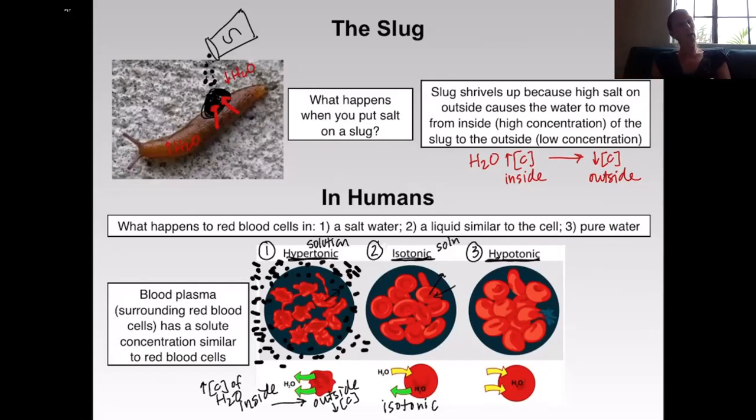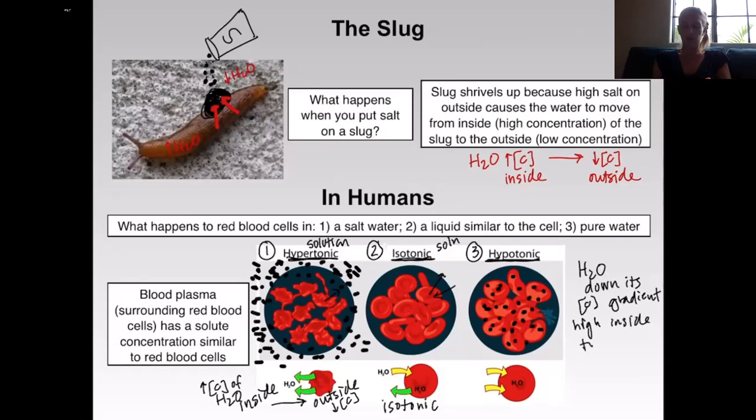All right, so in a hypotonic solution, what you see is that there is less solutes on the outside. So what that means is actually that the cells have more salts or solutes on the inside. So water is going to move down its concentration gradient from high inside to low outside.